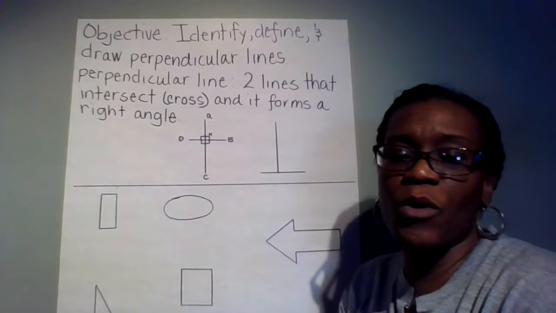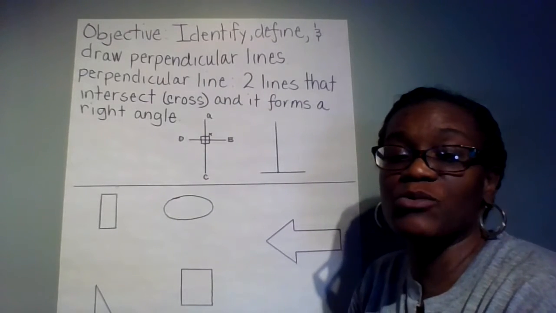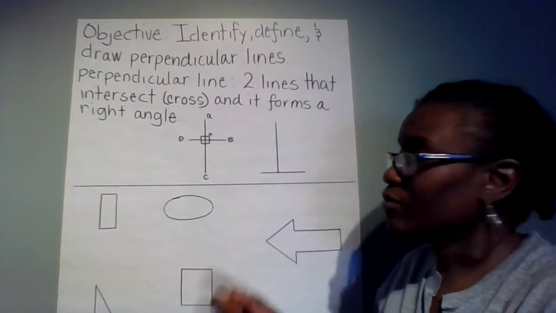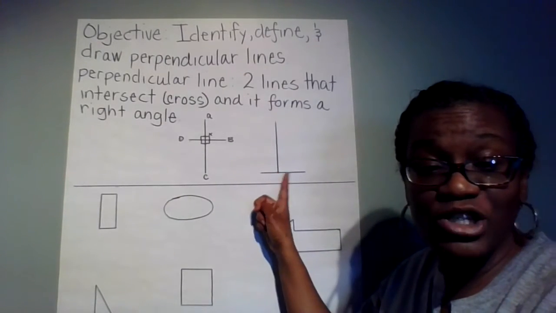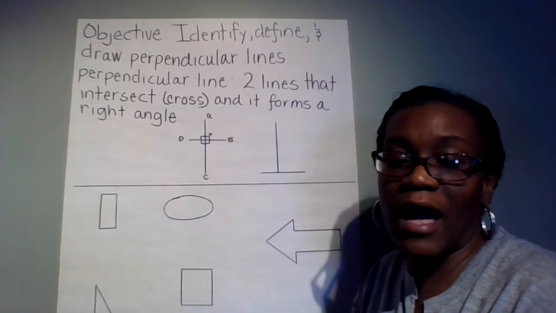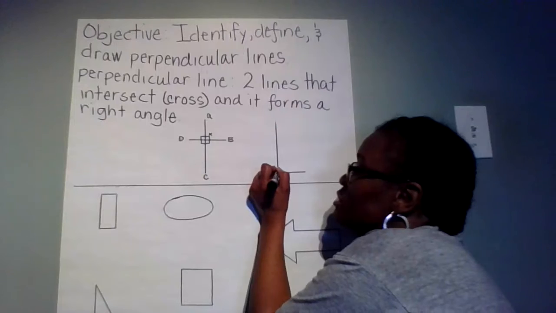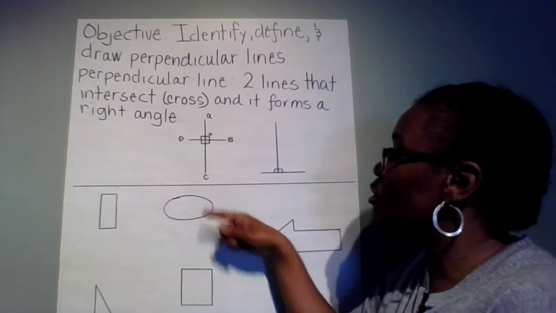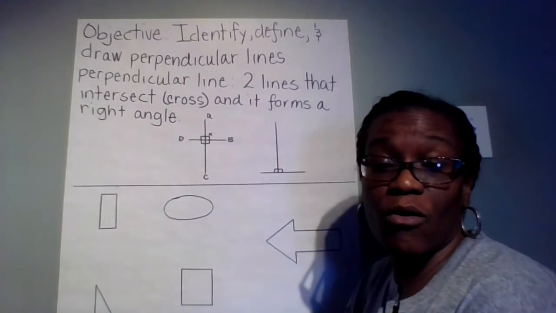So scholars, when we're writing out perpendicular lines, how would that look? Well, this is an interesting shape because this is the shape for our intersecting line. And by the way, as you can see, we have two right angles here. A right angle going to the left and a right angle going to the right.